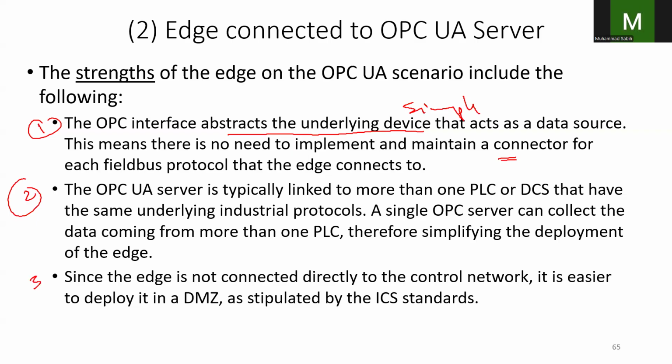The third point is that, since the edge is not directly connected to the control network, we can safely place it in the DMZ area as per the ICS security guidelines. So this improves both security and compliance.